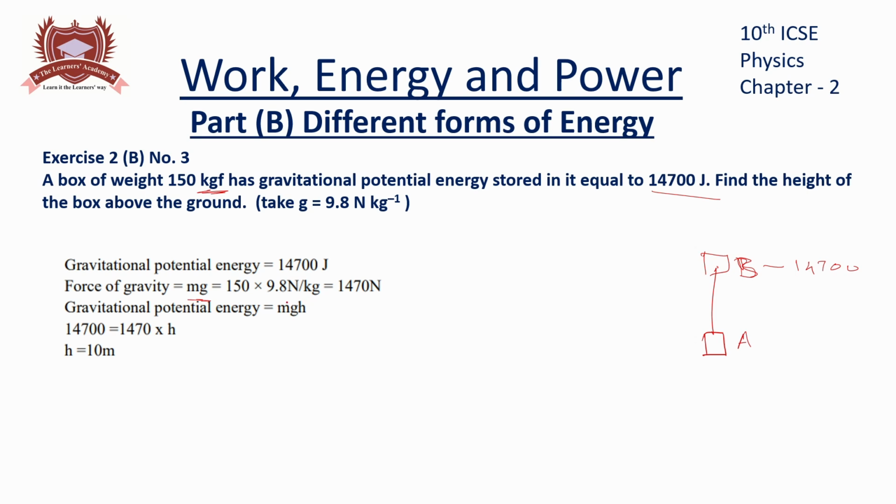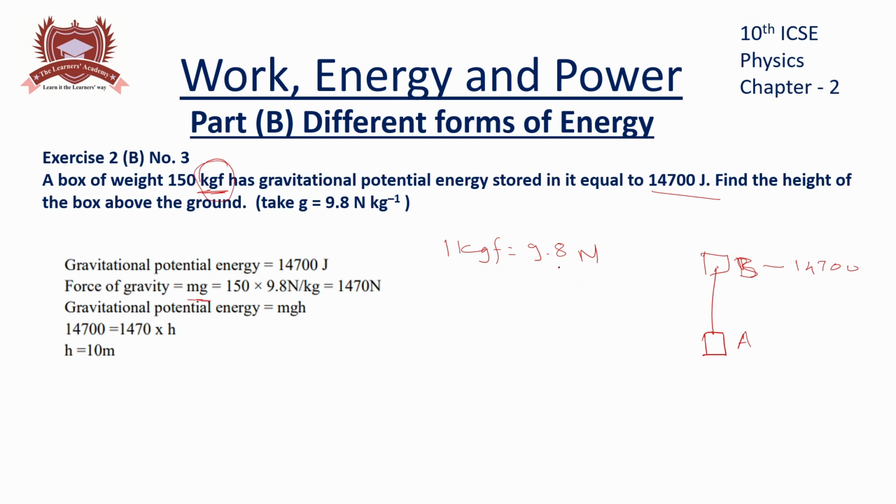Again, it's written in a very interesting way here, because here the weight is given in kilogram force. So we have to convert it into newtons. Now 1 kilogram force, we know, is approximately equal to 9.8 newtons.